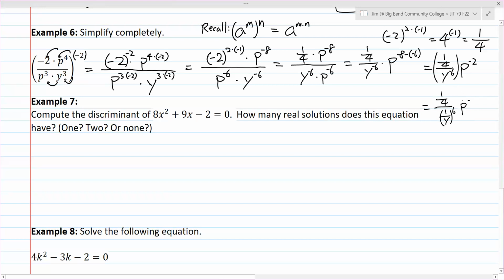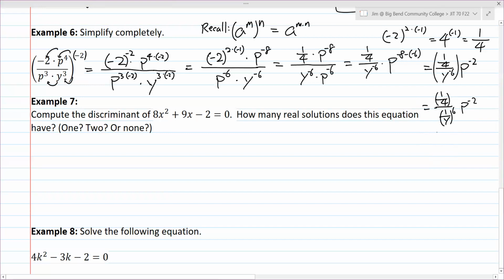And then p to the 2, let's make it stay there. Okay, we have a fraction over fraction, guys. That's doable.